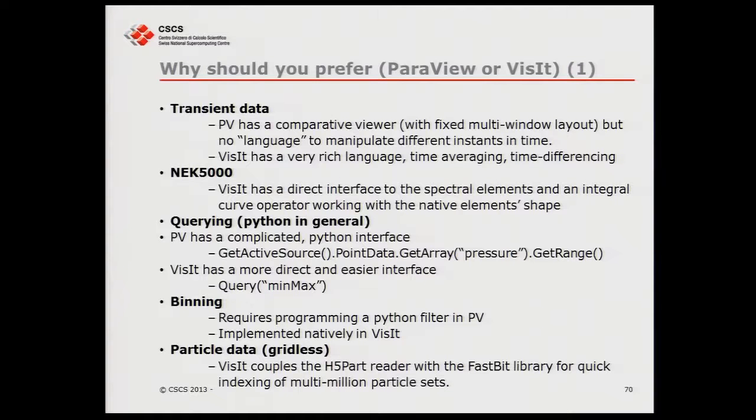Binning. This is something I have not had time to demonstrate in Visit. It's unfortunate, but you can go to the wiki. In fact, I don't know how much time you want to be here this afternoon, but I could do a quick demonstration of binning. What is binning? Binning is a way of sampling your data at regular positions in space.